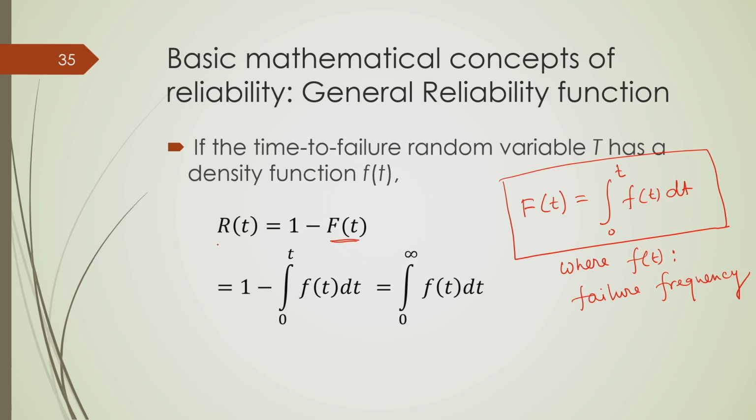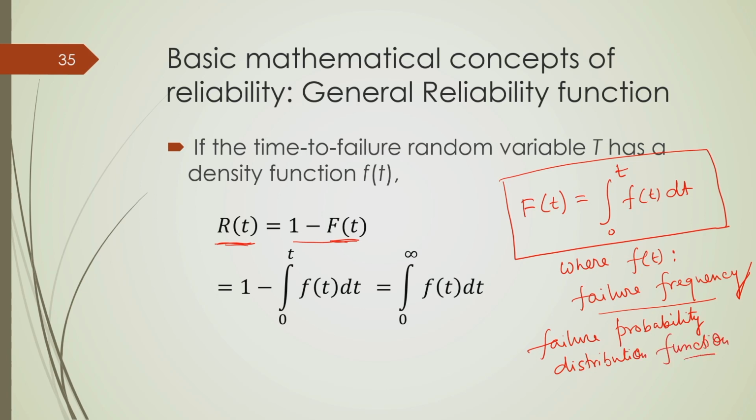Okay. So, as we have seen, the reliability function is equal to 1 minus this failure distribution function. Since F(t) is defined as the integration from 0 to t of small f(t) dt, where small f(t) is representing the failure frequency, or failure probability distribution function.